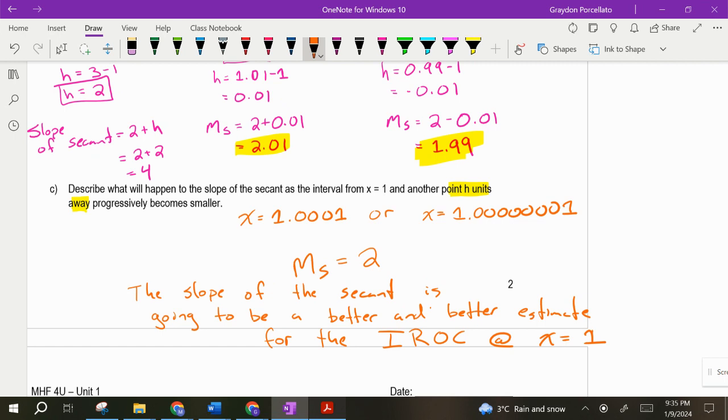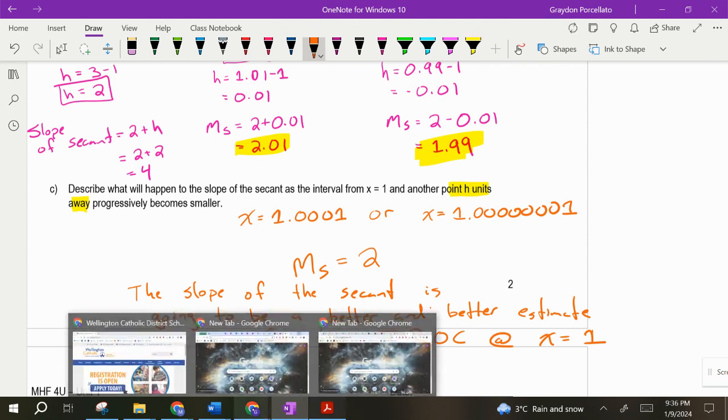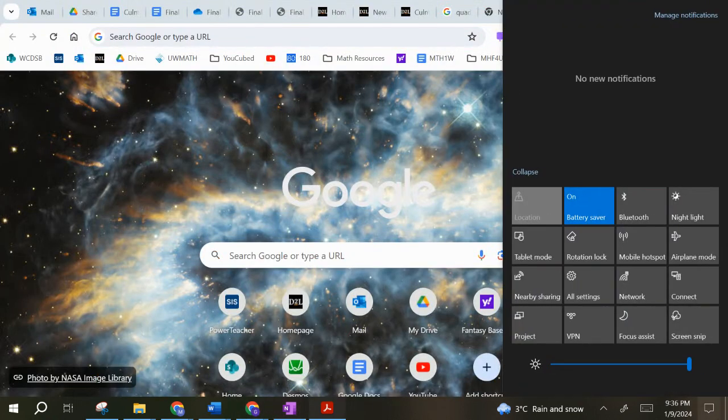As we get closer and closer to 1, we're going to be making a better and better estimate for the instantaneous rate of change at 1. And you'll notice just based on those two values, 2.01 and 1.99, that we're getting closer and closer to 2.